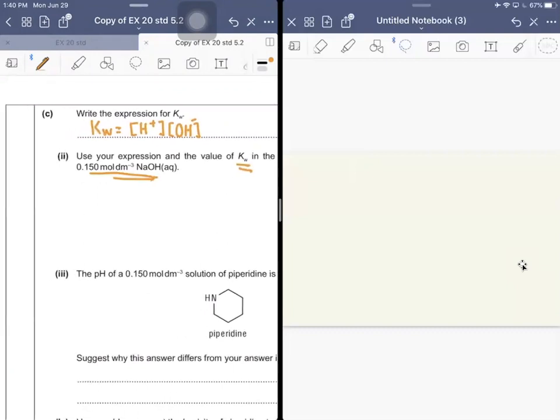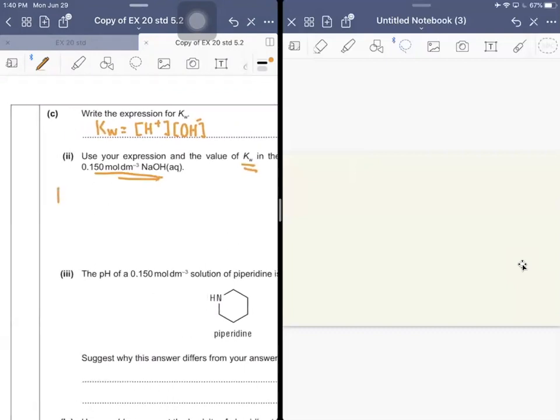Sodium hydroxide is a strong base. So whatever you started with, initially 0.150 mole per dm cube, in the end all of it will be ionized, or dissociated. That's why you get 0.150 mole per dm cube of sodium ions and 0.150 mole per dm cube of hydroxide ions. It's a 1-to-1.